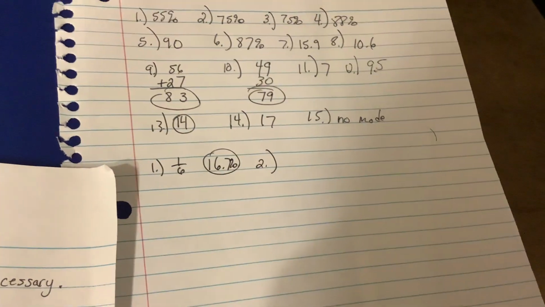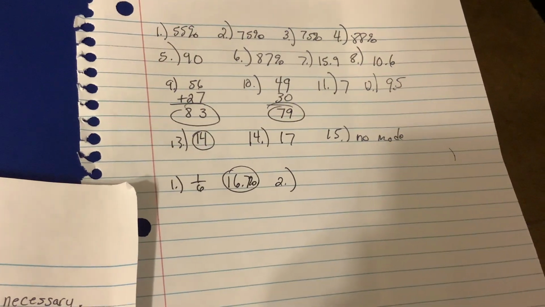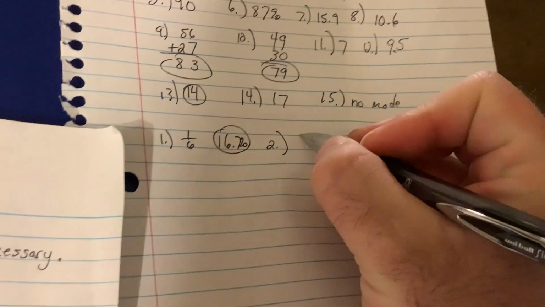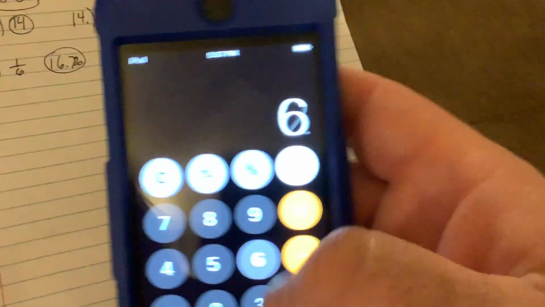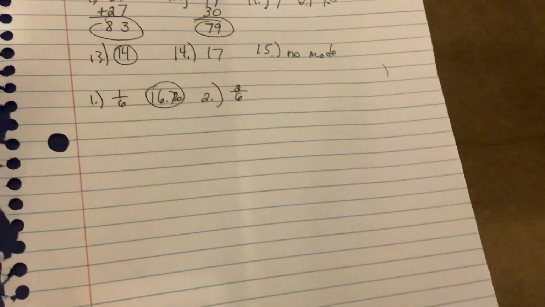Number 2 was rolling a 2 or a 5. That is possible, a 2 or a 5. So that's a 2 out of 6 because you can roll a 2 or a 5. There are two numbers that are favorable. So let's divide 2 by 6. 2 divided by 6 is 33.3%.